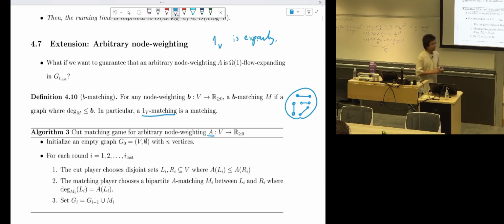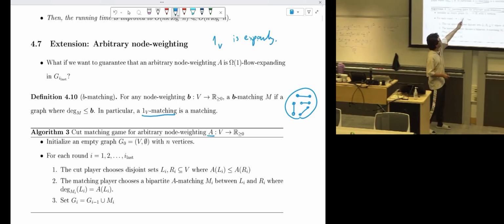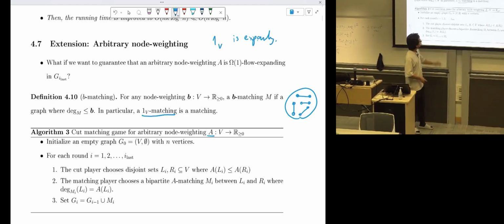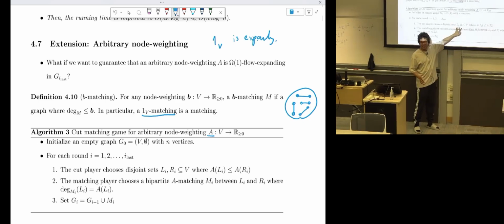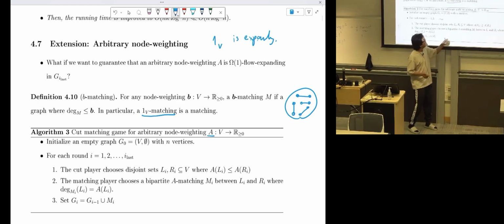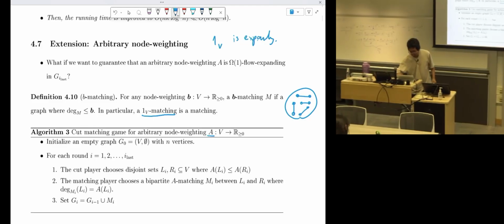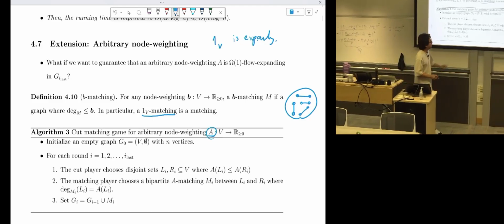Okay, so what will happen? Just start with an empty graph like before, and for each round, the cut player chooses a left and right set. Instead of A and B, I use L and R now, because there is this node weighting A, so I don't want to confuse you.